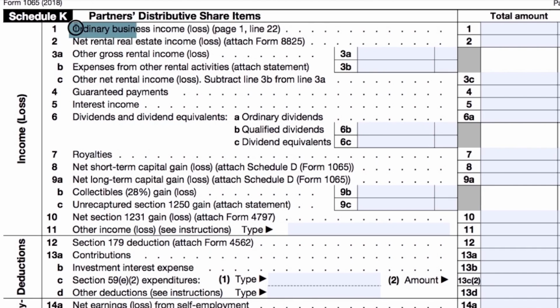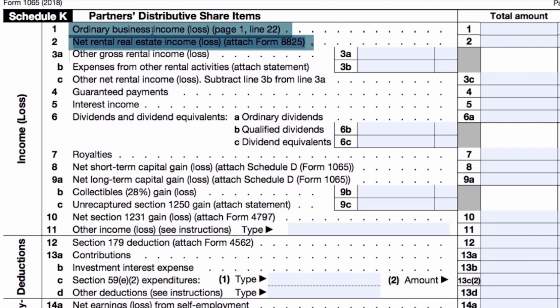So we can see that final net income or loss from page 1, line 22, is reported first. But then we have two other main types of income: net rental real estate income or loss, or other gross rental income or loss.